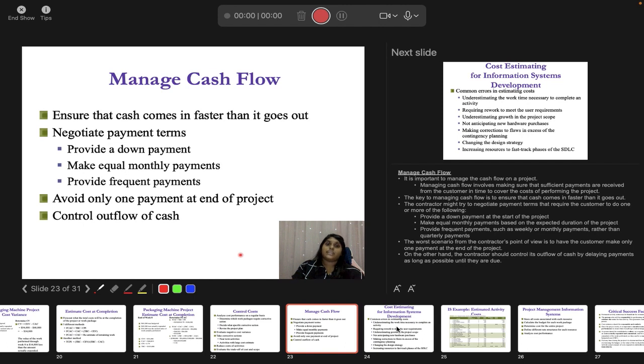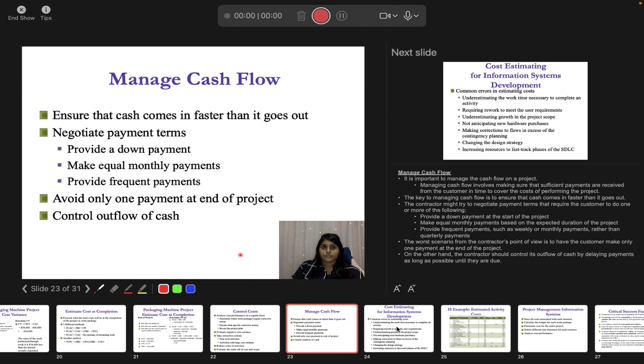So ensure that cash comes in faster than it goes out. Your account receivables should not have a lot of pending. You need to have your account receivables up to date, and it should be faster. You cannot have a time period of 30 days for them to repay you. You need to have a shorter time period for the repayment.